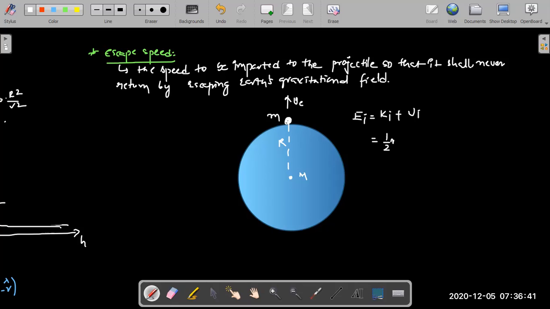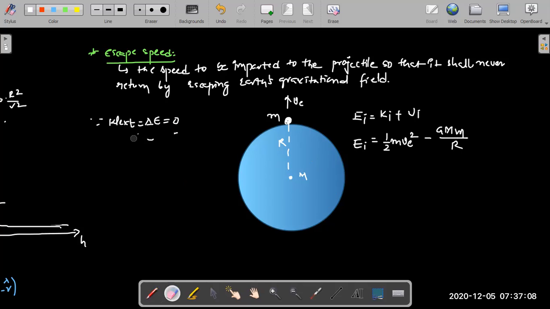The initial kinetic energy is half m V escape square, plus initial potential energy is nothing but minus G capital M small m by R square. Is that right? Now what do you know is that since work done by all external agents is equal to 0, the change in mechanical energy will be 0. That is, the final energy will be the same as the initial energy.